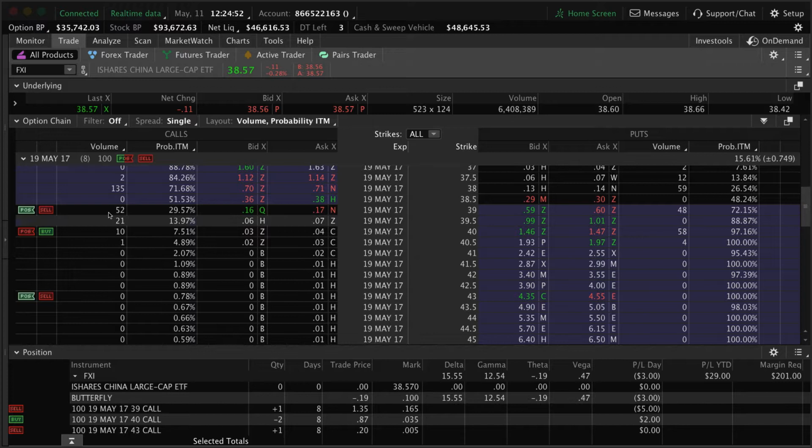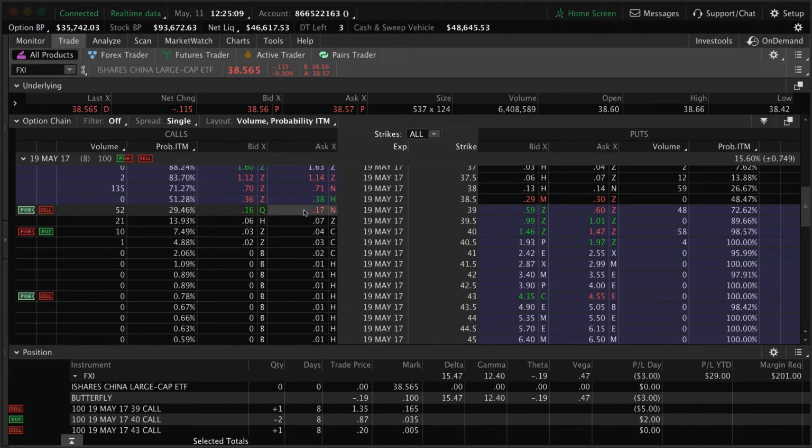So this is a butterfly, and as you guys know from the options trading course, a butterfly consists of buying one option, selling two options, and then buying one option at a further strike.